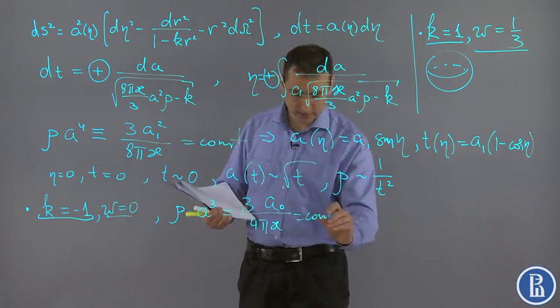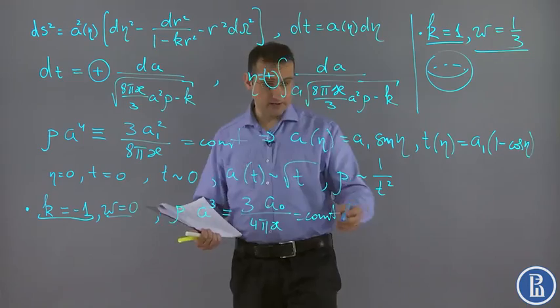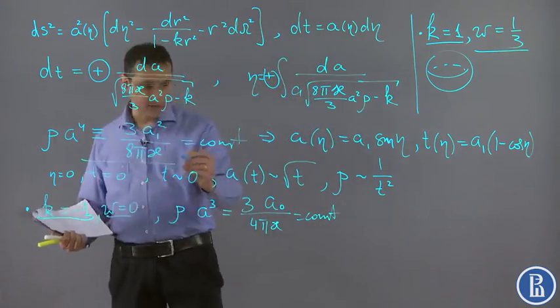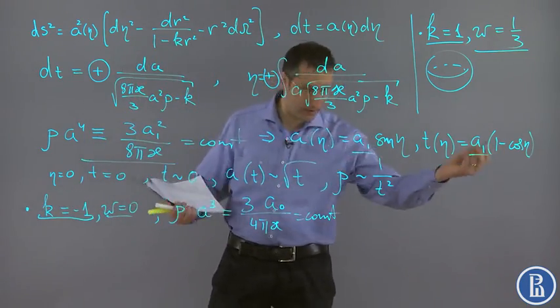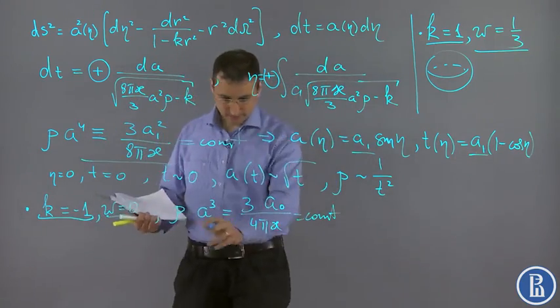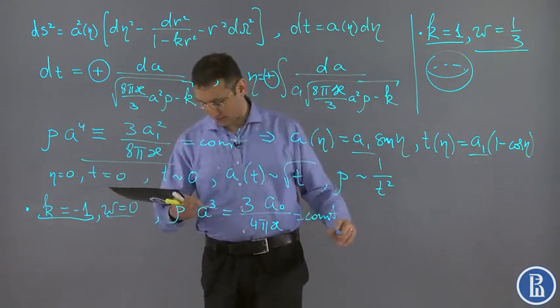This is a constant. The reason for this notation is just because a0 appears as the amplitude here, and the same we will encounter here.